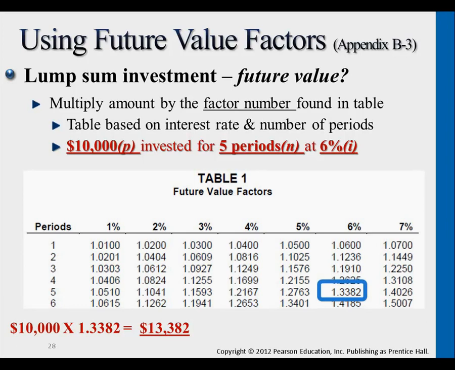At the intersection of those two is the number that you multiply by the initial investment, by that lump sum. That's a lump sum investment. We're not paying by periods. It's not an annuity. It's your lump sum.